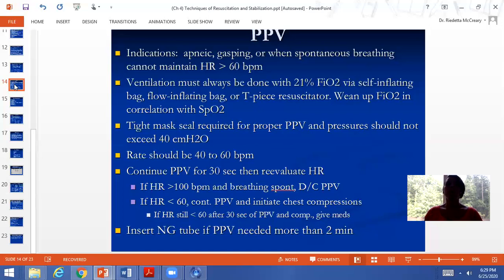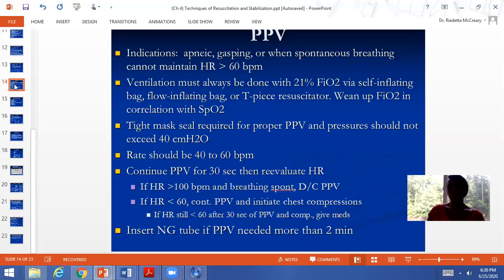So they will have problems with stiff lungs. So those are the ones that we will ventilate in the 30 to 40 range, versus the term babies will be more in the 20 to 30 range, pressure wise.